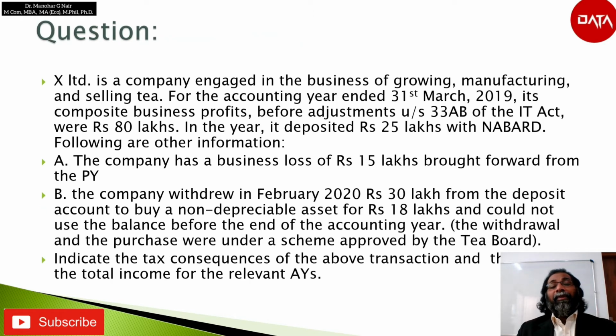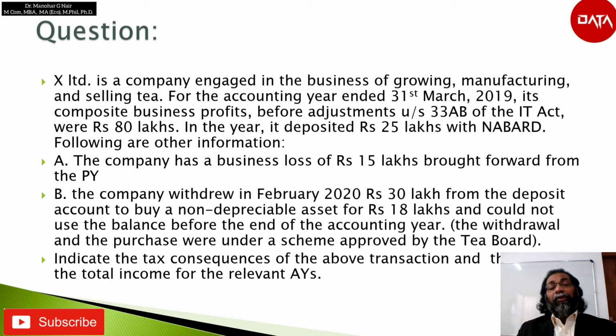X Limited is a company engaged in the business of growing, manufacturing and selling tea. For the accounting year ended 31st March 2019, its composite business profit before adjustments under Section 33AB of the Income Tax Act was rupees 80 lakhs. In the year, it deposited rupees 25 lakhs with NABARD. Following is other information. The company has a business loss of rupees 15 lakhs brought forward from the previous year.